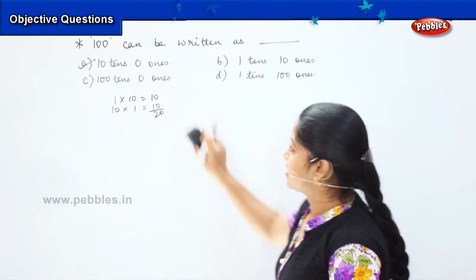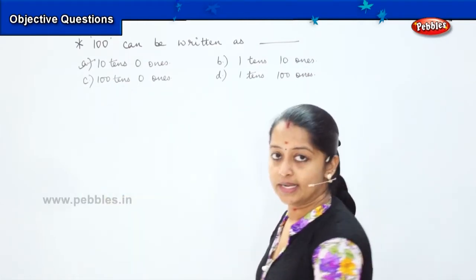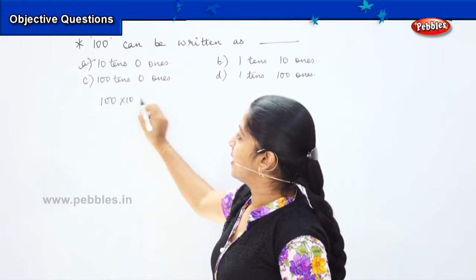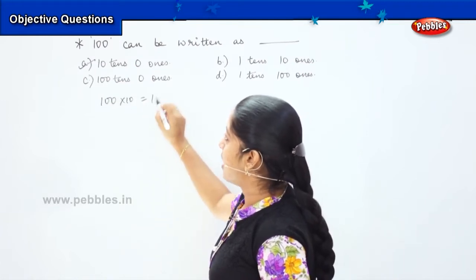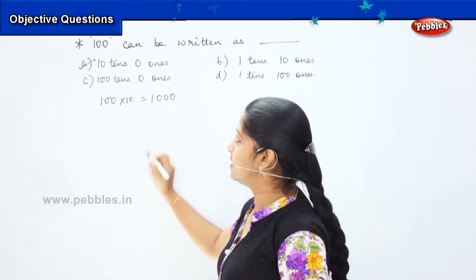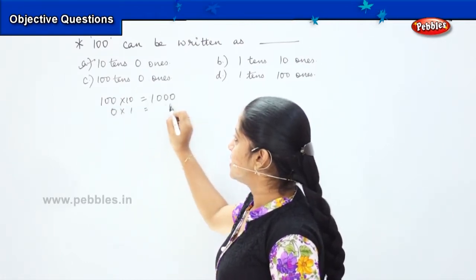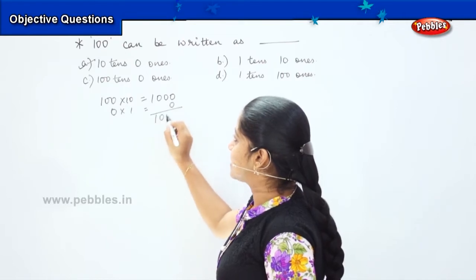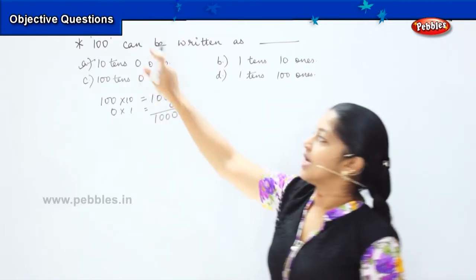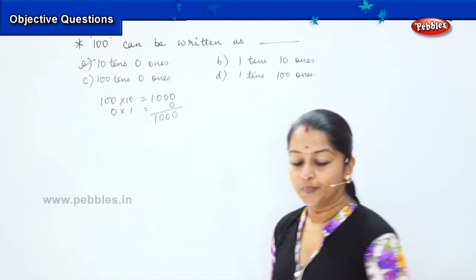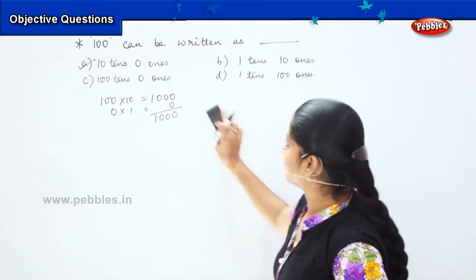My third option says 100 tens. So 100 into 10 becomes how much? It is 1000, right? And it says 0 ones, which is 0. So it is 1000, whereas the question asked is 100. So option C is also not the right answer. Okay.